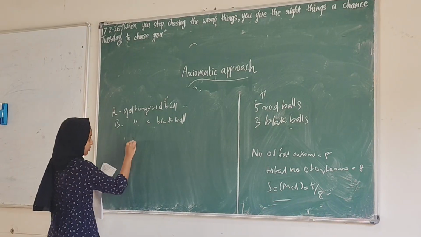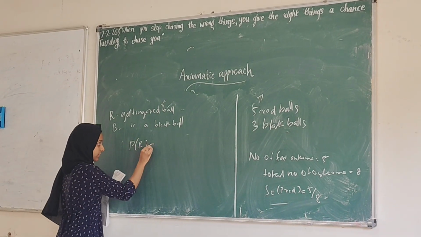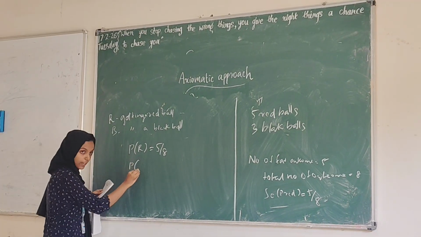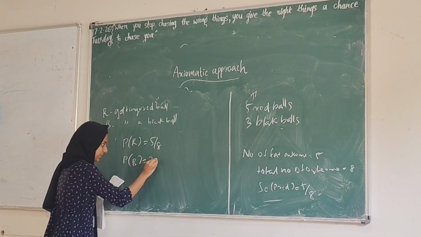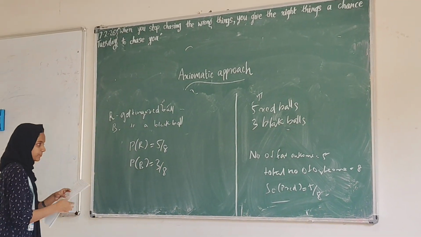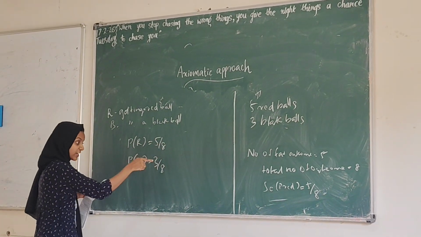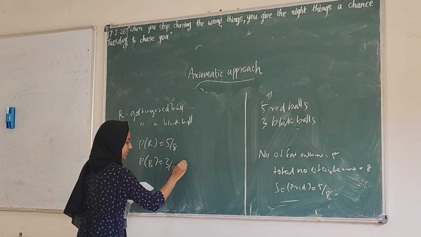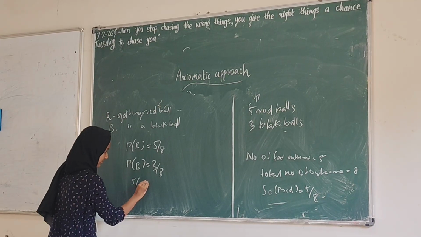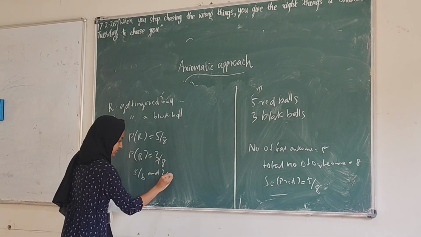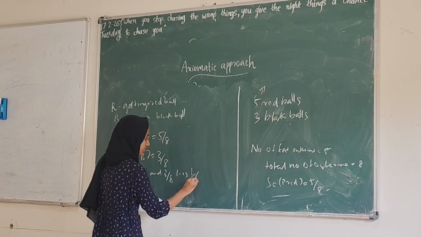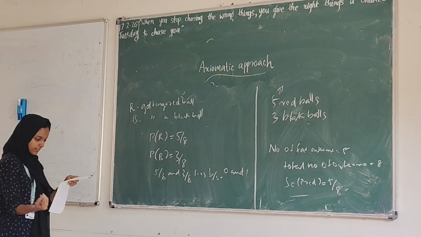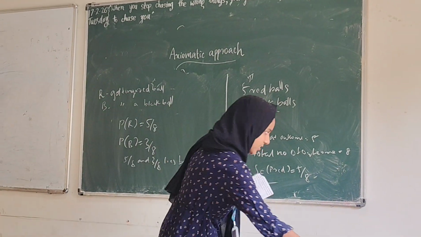From here we know that the probability of getting a red ball is 5 by 8. In a similar way, the probability of getting a black ball will be 3 by 8. So we know that 5 by 8 and 3 by 8 lie between 0 and 1, so the first axiom is satisfied.